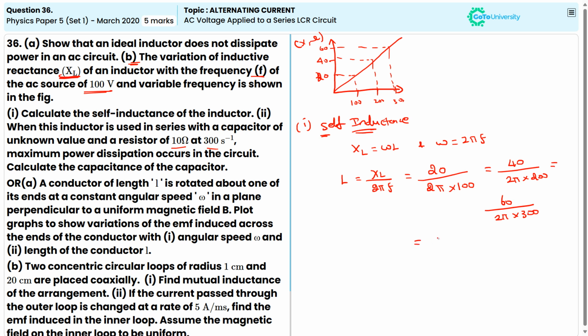So all are equal. If we simplify this, we get the value of 31.84 into 10 power minus 3, which is approximately equal to 32 mH. So this is the self-inductance of the inductor, 32 mH.